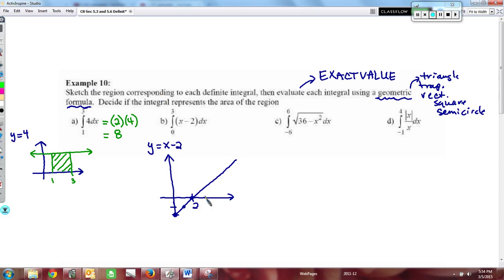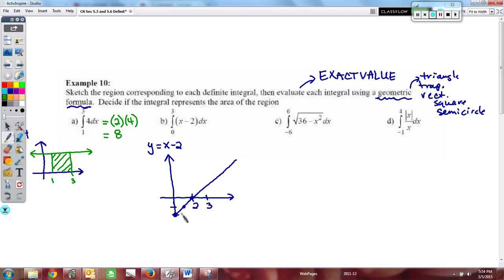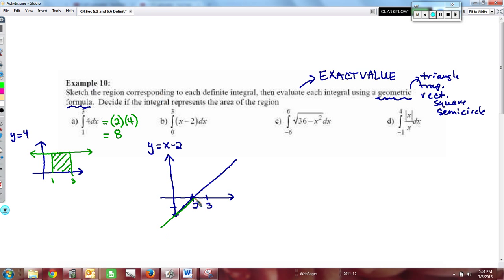It's also important to know that that's an intercept there. So here's my 3. So the area that I am going to be looking for on this function is going 0, which is this portion, to 3, which is that. Now, is this going to be total area? This one happened to be total area.